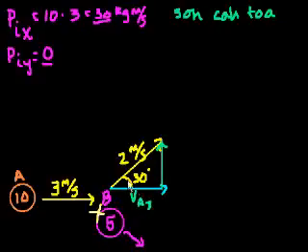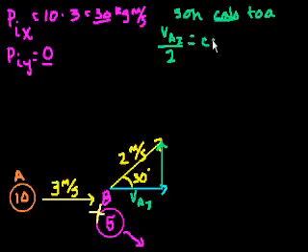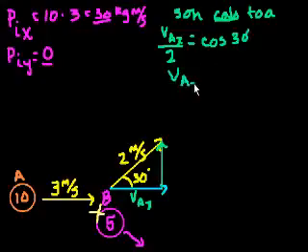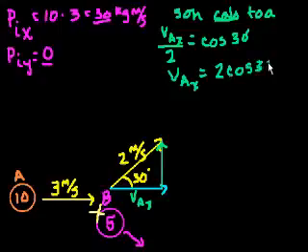Well, this is adjacent to the angle. We know the hypotenuse, so VA sub x, the velocity of A in the x direction, over the hypotenuse, over 2 meters per second, is equal to what? Adjacent over hypotenuse, cosine, is equal to cosine of 30 degrees. Or the velocity of A in the x direction is equal to 2 cosine of 30 degrees.